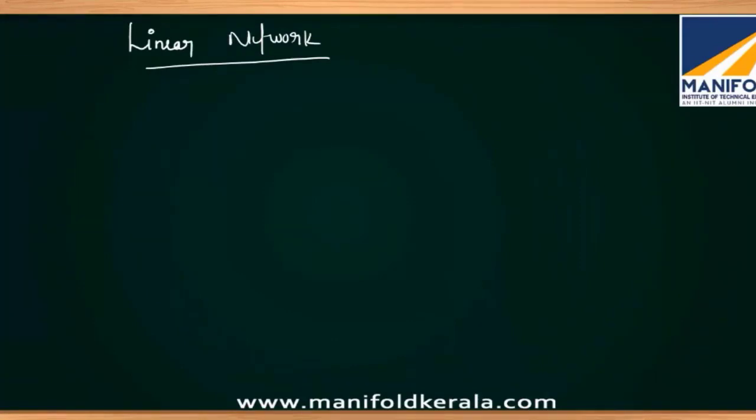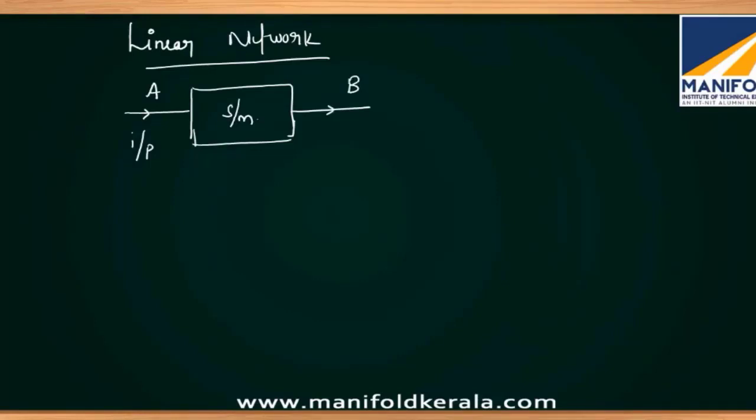To understand in layman's language, suppose this is a system or a network. Suppose I give A as input. For this input, the system is giving B as the output.